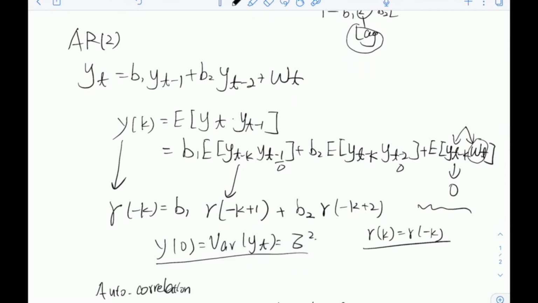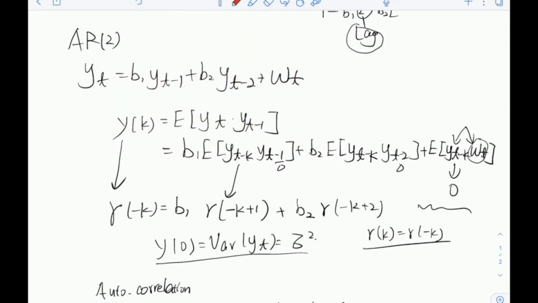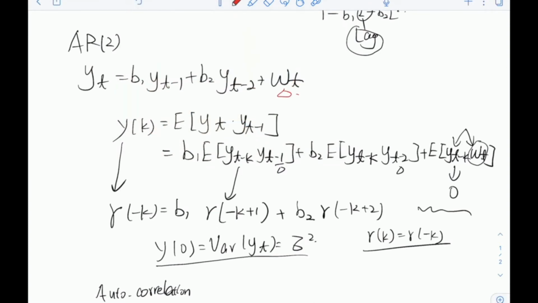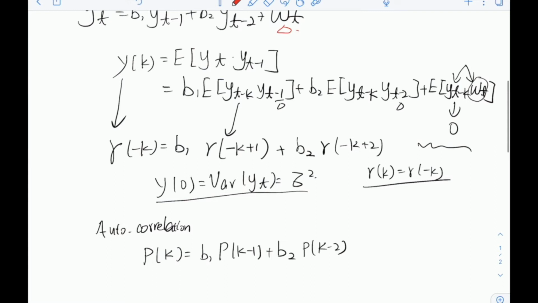So here we have the formula like this. This is white noise, and this is autocovariance. We can get the expectation of Yt multiplied by Yt minus 1. And a very important thing is that white noise and the Y value are independent, so the expectation of this should be 0.